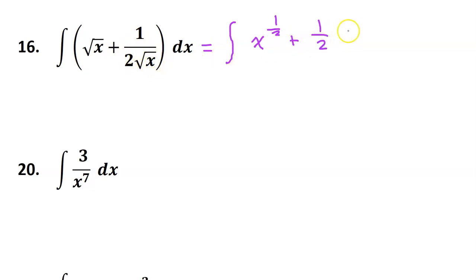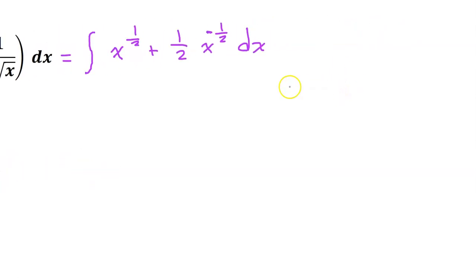But then this second part, the square root of x in the denominator, is like having x to the negative 1/2 power. Okay, does that make sense? You see that this is the 1/2 power, and I just brought it up and made it a negative 1/2. So now we can do the power rule of integration on each term as we go along.